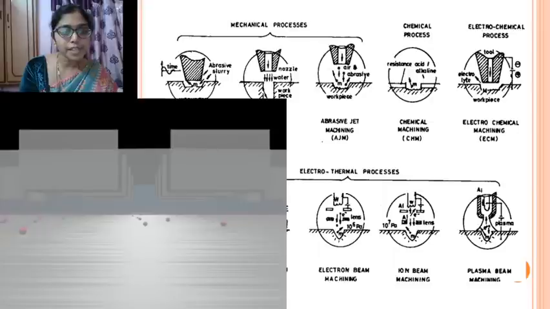Those projections have to come on the workpiece surface. This is the workpiece surface, and these are the abrasive particles. You can see small balls, which are the abrasive particles, suspended along with the water, right?